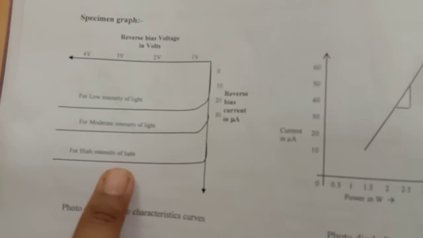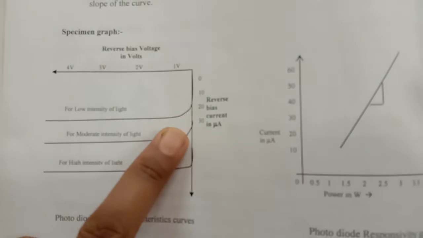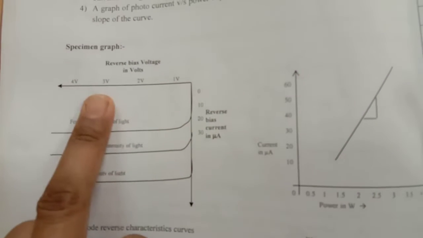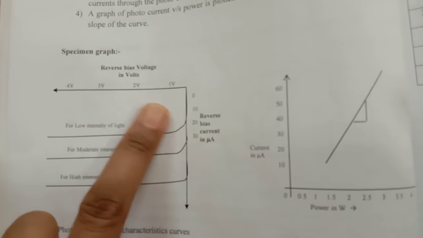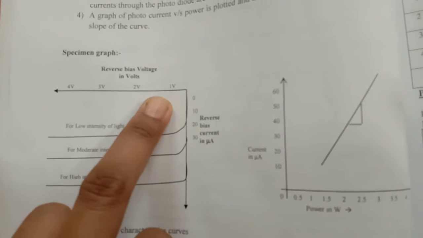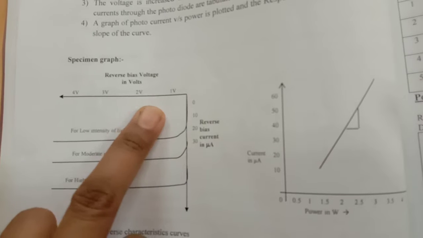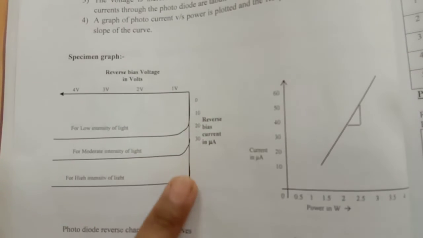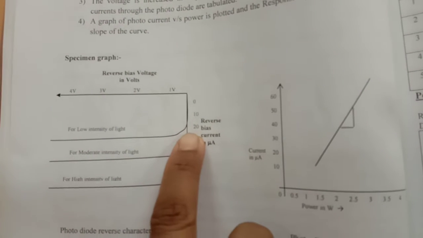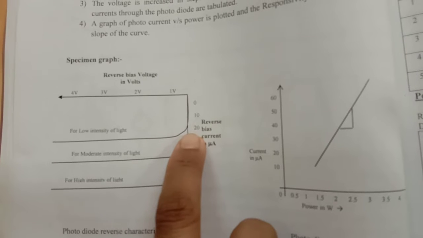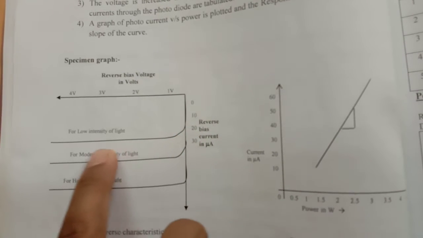You can observe here the specimen graph. It is a graph of reverse bias current versus reverse bias voltage, and the voltage is nothing but the biasing voltage, which is in steps of 1 volt. We are taking 1, 2, 3, 4, and look at this variation. For a low intensity value of the bulb, you may get current somewhere here.